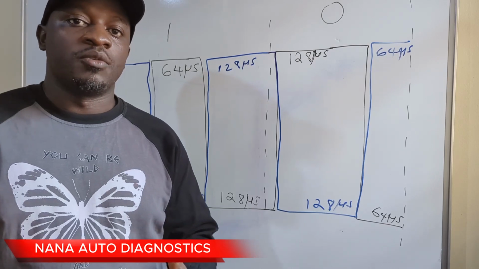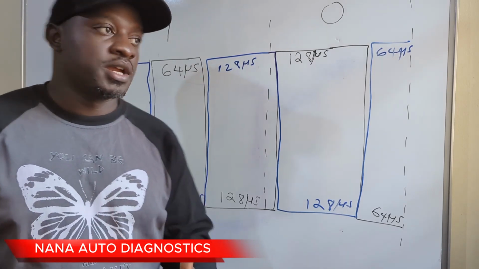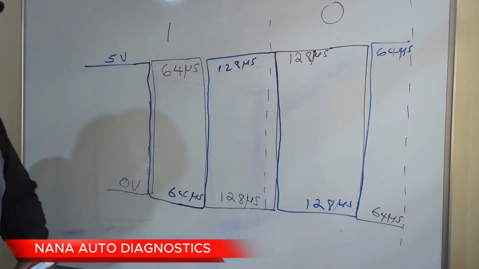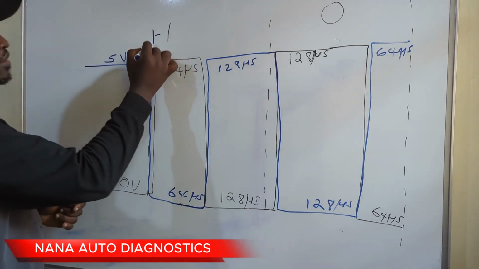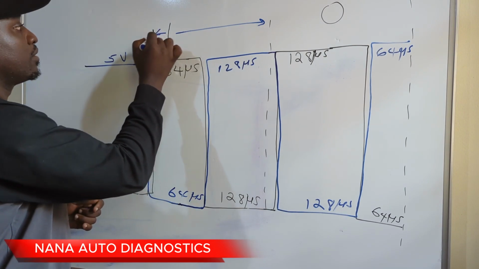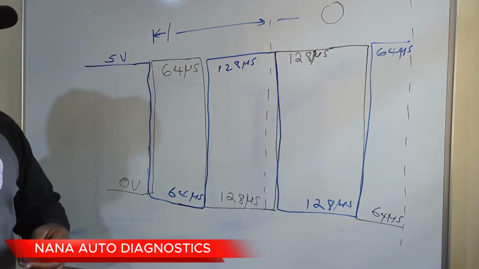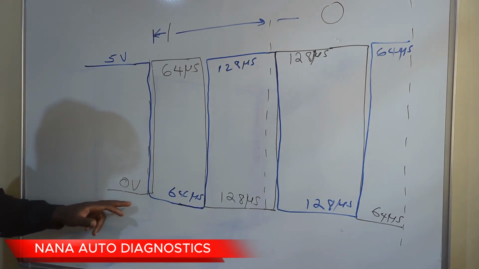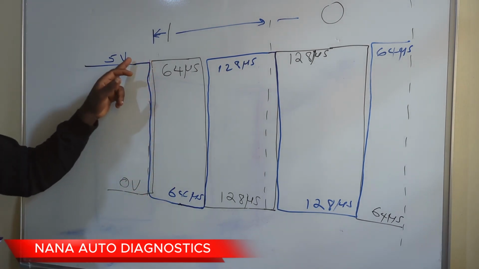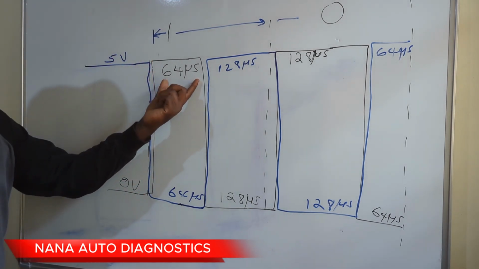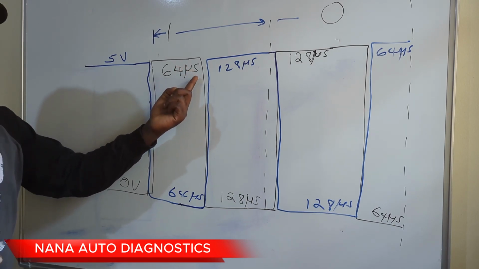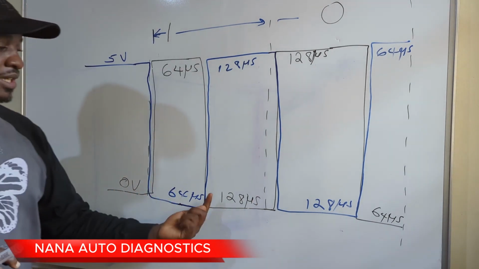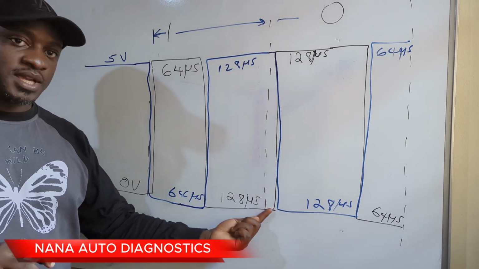So in summary, whenever we want to transmit a logic 1 on the network, we need to drive the bus voltage from 0 volts to 5 volts for this time period, which is 64 microseconds, and then lower that voltage to 0 volts for a time period of 128 microseconds.